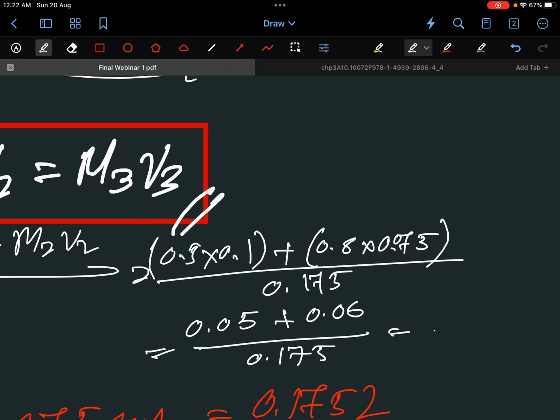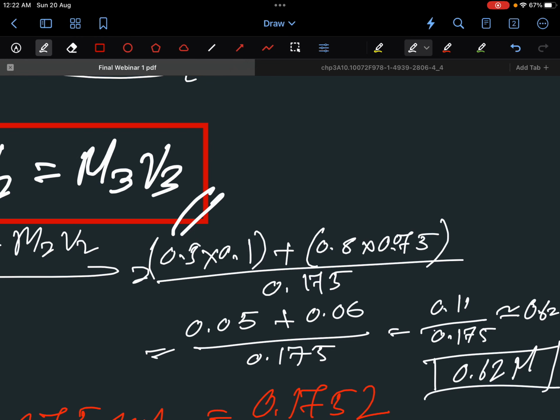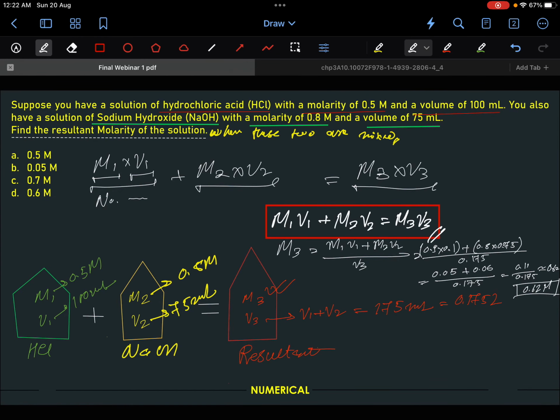If you do the math, it is 0.11 divided by 0.175, and it will be very close to 0.62. That is the answer, 0.62 molar. The resultant molarity is 0.62 molar, which is about 0.6.